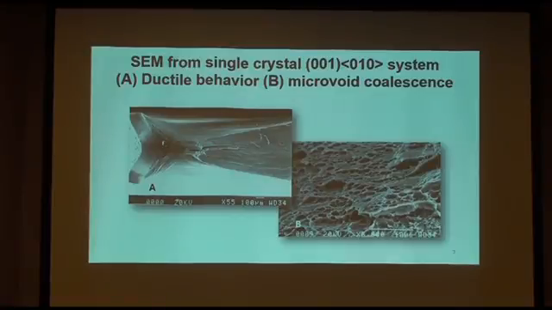On one hand, with hydrogen and without hydrogen, you have a regular ductile behavior with microvoid coalescence behavior, as you are acquainted with in the ductile structure. This is not the case with hydrogen. With hydrogen, suddenly we have a transition from this kind of mode to a very different brittle mode that you will see.